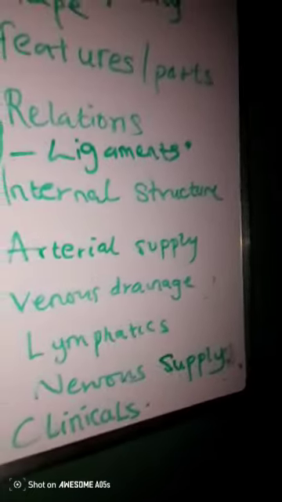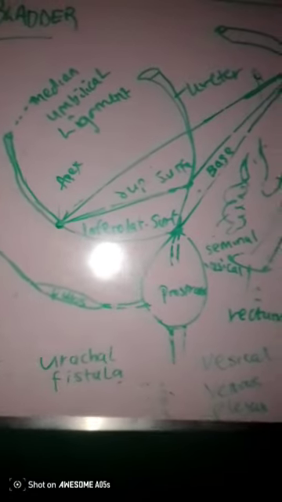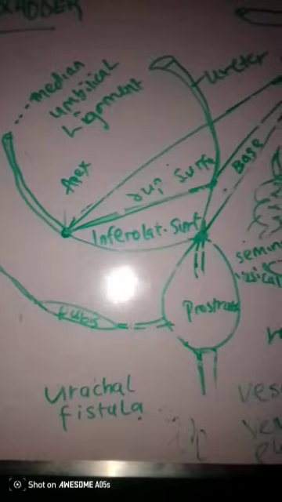We now go to the nervous supply of the urinary bladder. It's supplied by the vesical plexus of nerves, which is sympathetic, parasympathetic, sensory, and even somatic. So very, very important. The smooth muscle of the bladder is known as the detrusor muscle. The parasympathetic gives motor to the detrusor muscle. They contract and it relaxes or inhibits the sphincter muscles.